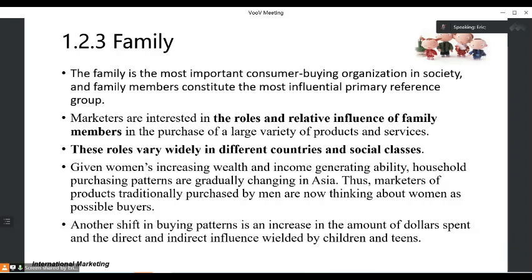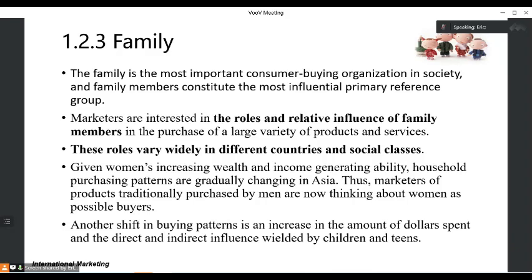And about family members, marketers are more and more interested in who is in charge of the family purchasing. And we find that the role of the family member in the purchase process is changing, just because of the development of the economy and the development of society.